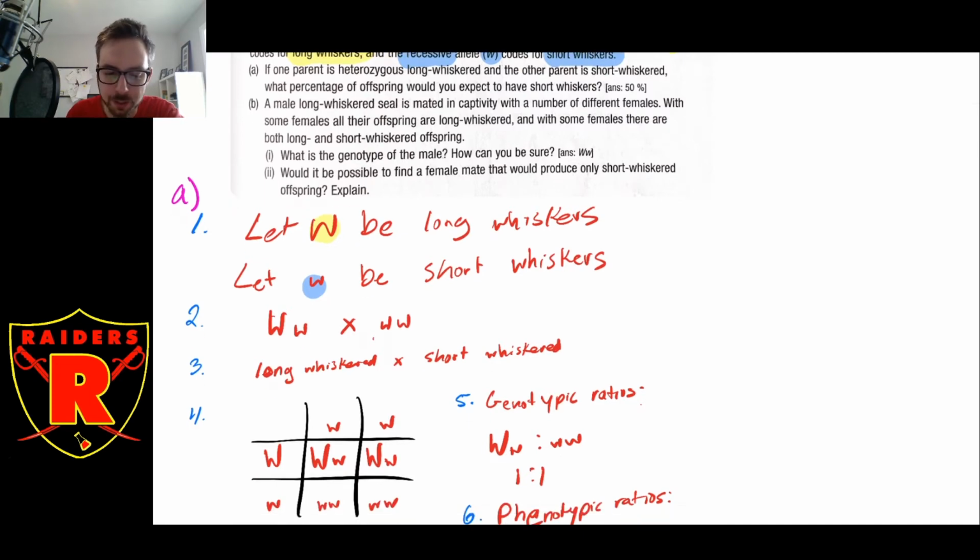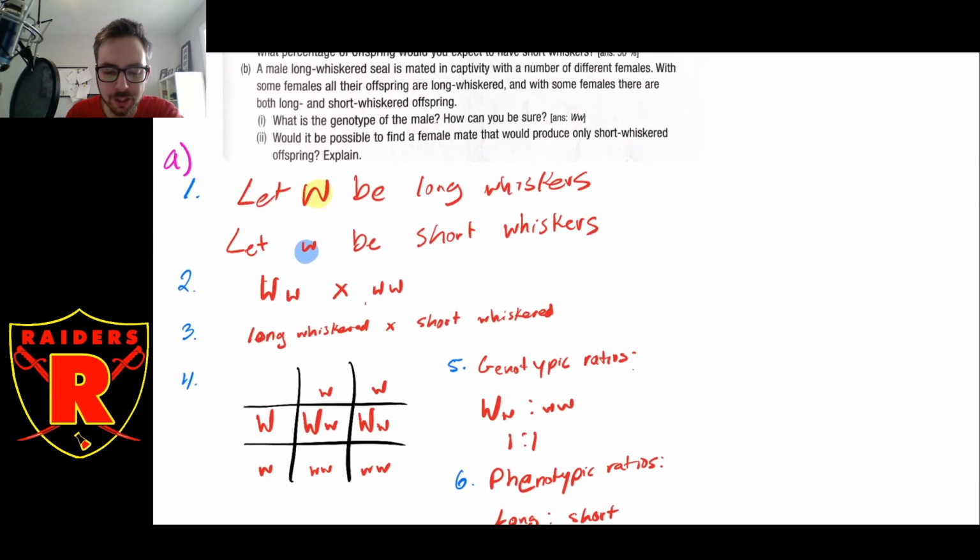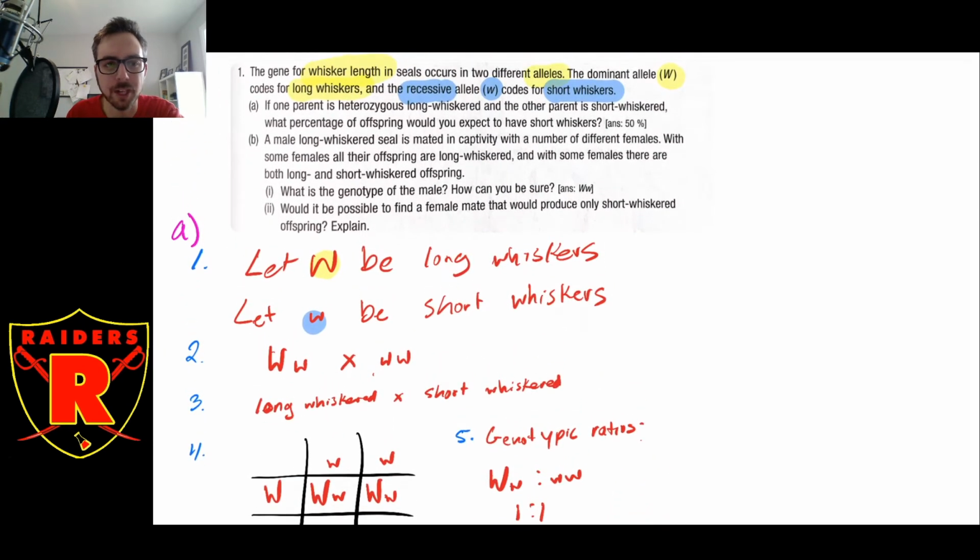Long-whiskered. Okay, so we know this isn't a standard genetics problem-solving question where it's giving you the parents and asking for the offspring. This is a work backwards question, where you're given some information about the end product, and then you have to work your way back to what the potential parents would be.